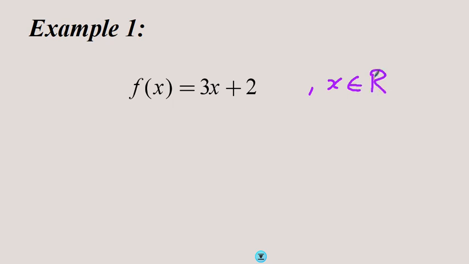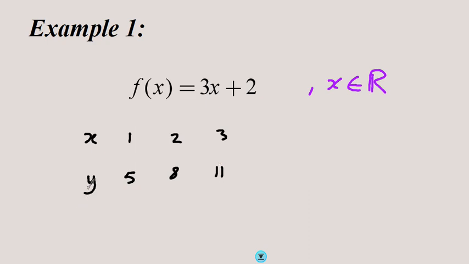So x belongs to R. And we can draw a table of values. Let's say x is 1, 2, and 3. This would give us y as 5, 8, and 11.